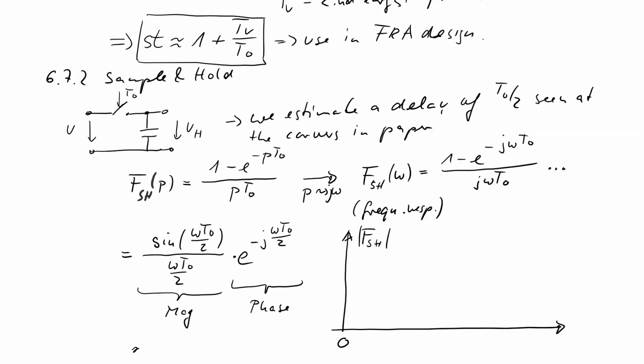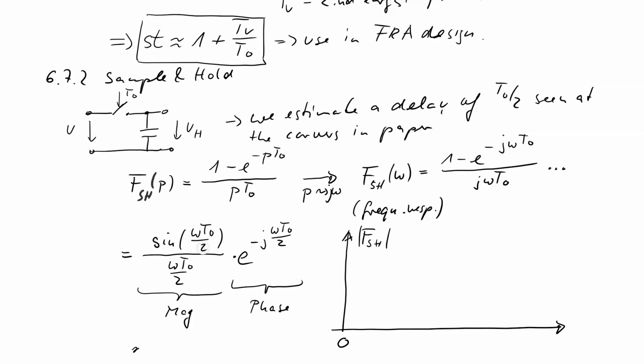This is a sinus x over x function, the SI function. It has the following behavior: the amplitude goes down linearly with omega. Look at the denominator. Omega is in the denominator. So this amplitude factor goes linearly down with omega.